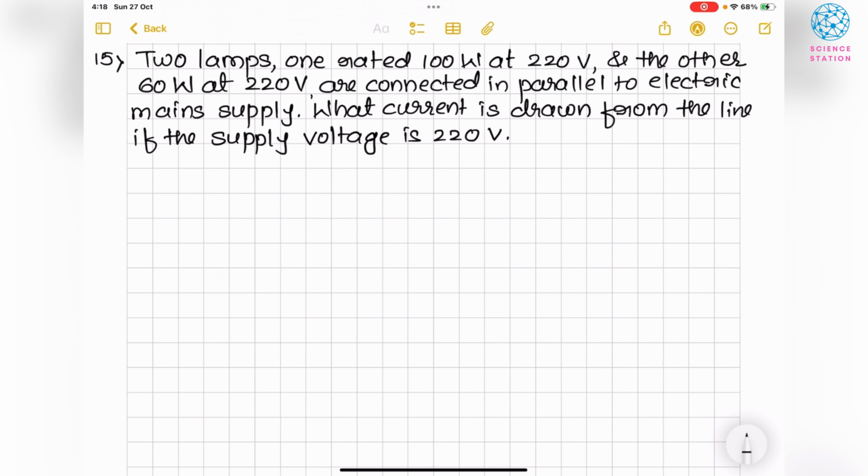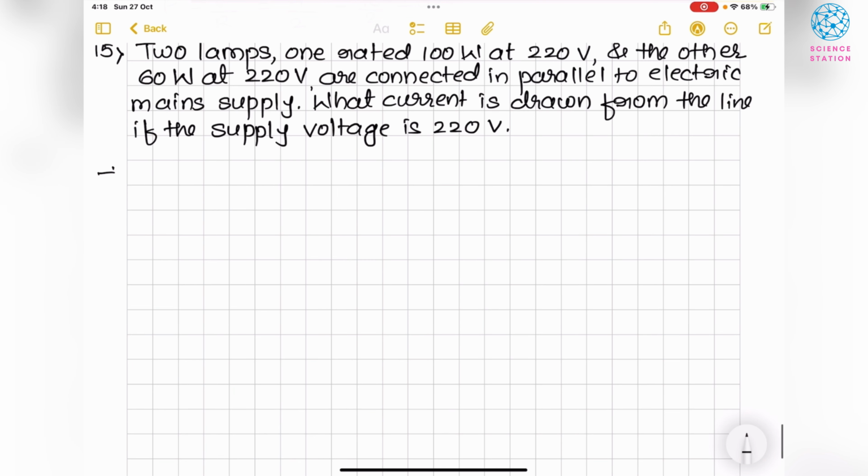Now next question says two lamps, one rated 100 watt at 220 volt and the other 60 watt at 220 volt are connected in parallel to the main supply. What current is drawn from the line if the supply voltage is 220 volt?